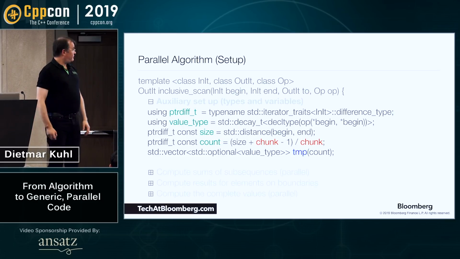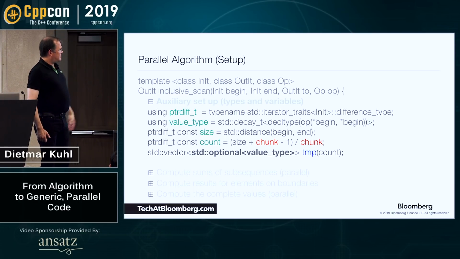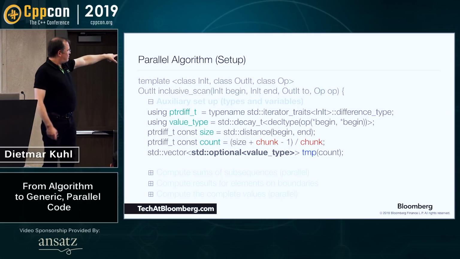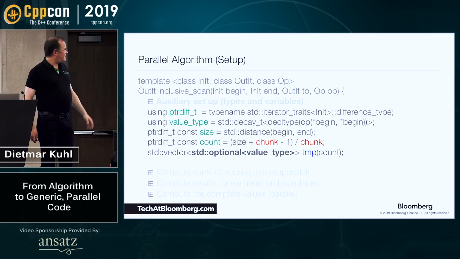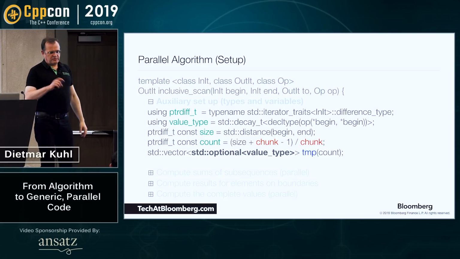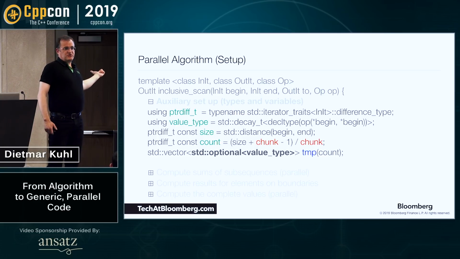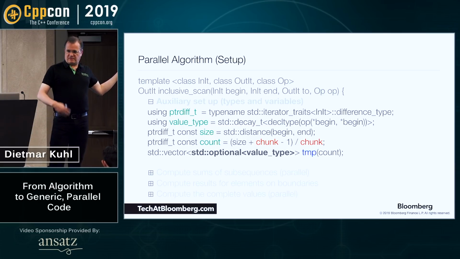So the auxiliary stuff is just a number of typedefs and the intermediate storage. For the intermediate storage, I'm a little bit more careful about the value type I get out of here, so one part of that gibberish is all just computing the value type. Once I get the value type, I make the assumption that I don't know much about it. For example, I don't necessarily assume that it can be default constructed.